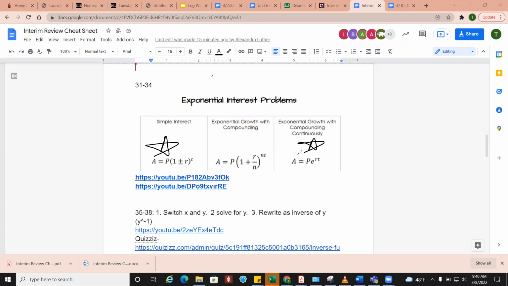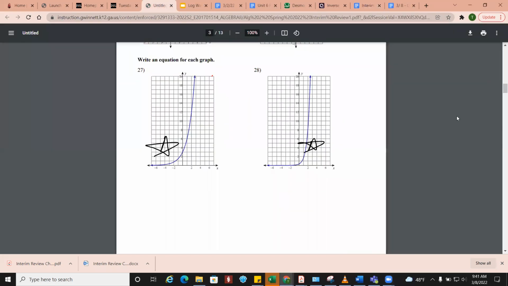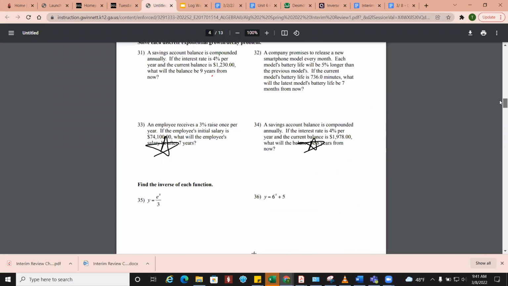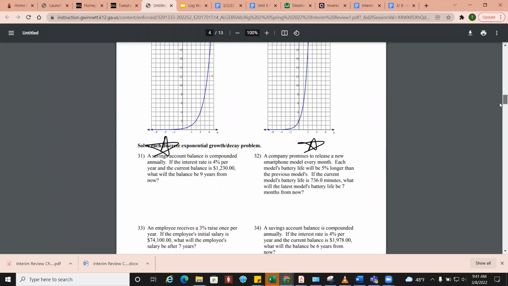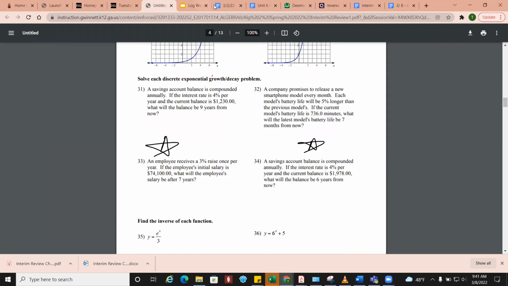I do think you're going to get a graph, and they're going to ask you about key features, like what was your initial starting point, or what is your expected amount after a certain number of years? So let me go over the one problem that I know I made a mistake on with somebody. I apologize. Okay, I can't be perfect all the time.